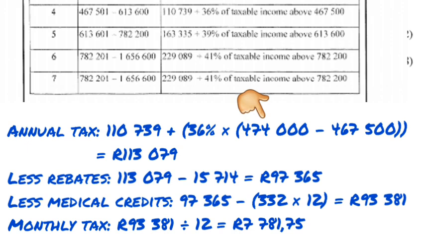Then you start with his annual income, which was 474,000 as we calculated in 4.1.1. Then you minus the amount above, so that's 467,500, and then you close two brackets. You punch it the way it is in the calculator, paying specific attention to those brackets, and if you place them correctly, it will give you your final answer as 113,079 rands.